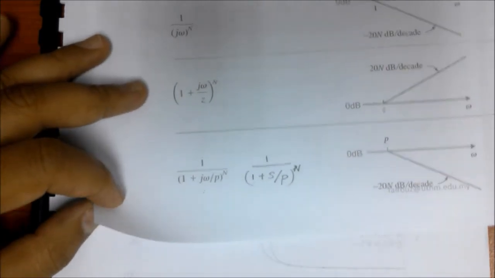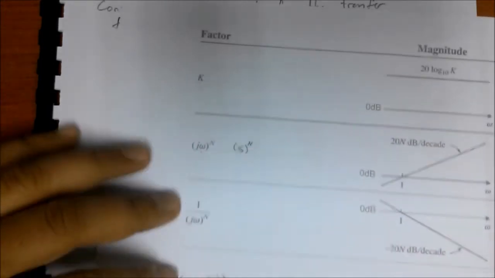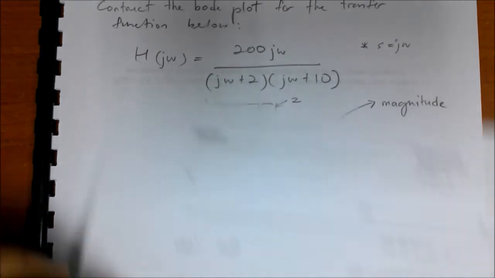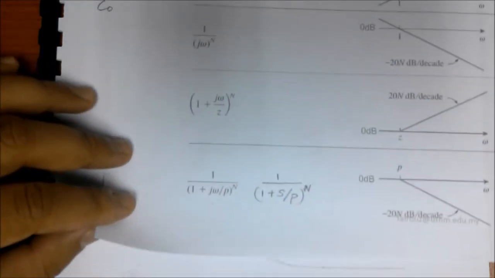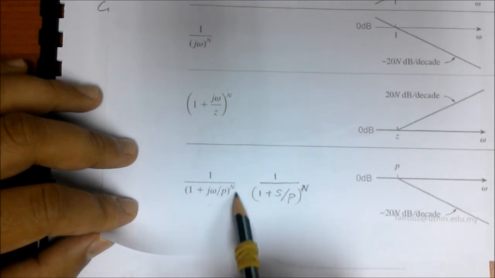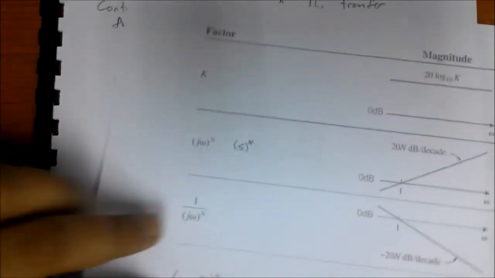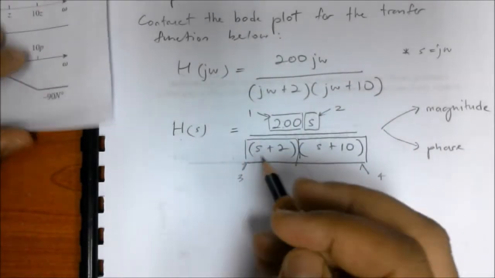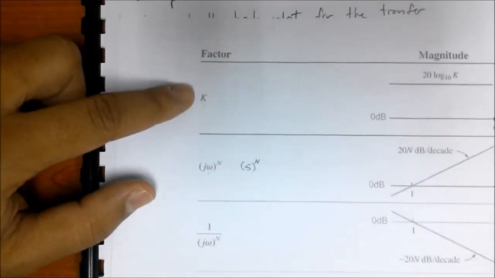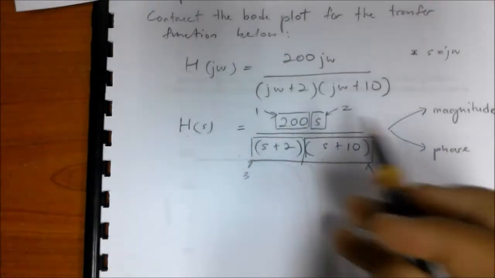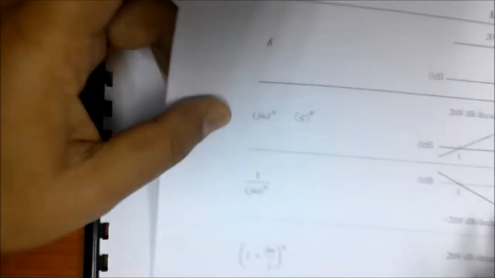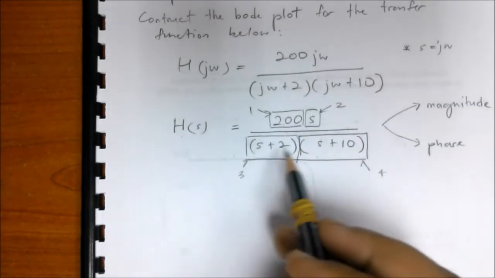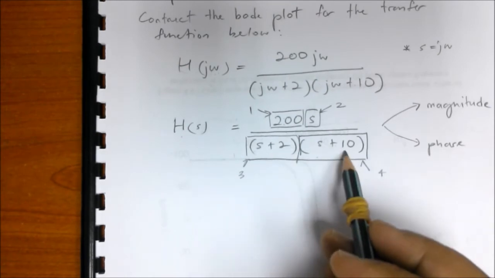So what you need to do here is change all these factors so that they are similar to the form in the table. Let's take a look at the first one, that is 200, okay. The second one is s, which is the same. But the problem now is with the third and fourth factors.